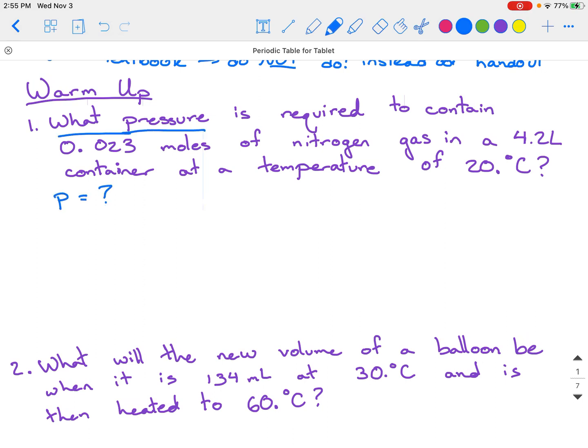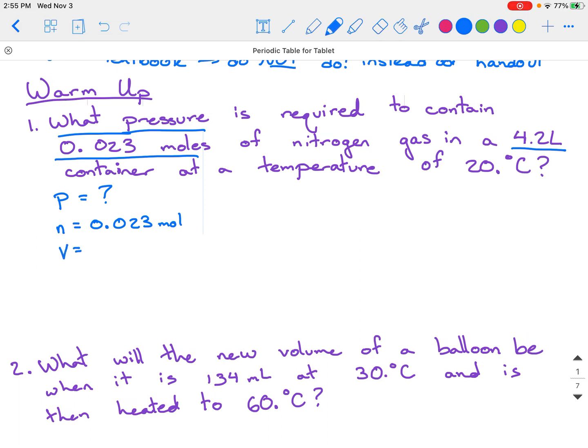So we're going to do pressure equals question mark, to contain this many moles. Moles is n, so we write 0.023 moles of nitrogen. Honestly, it doesn't matter what type of gas we're working with. Then we've got 4.2 liters.